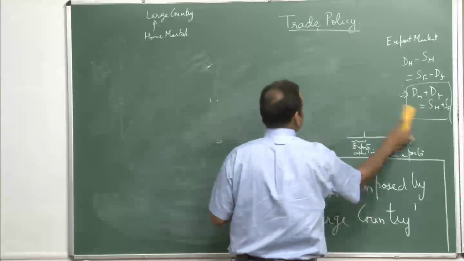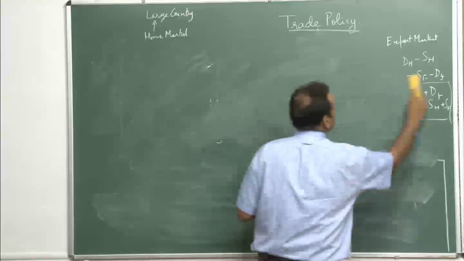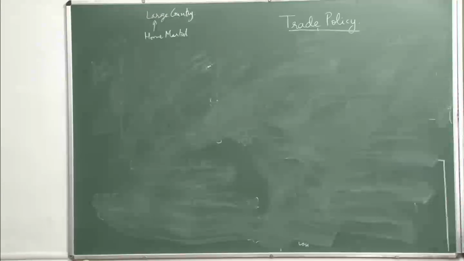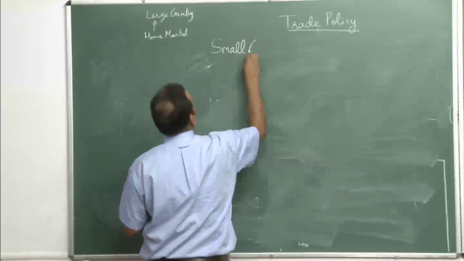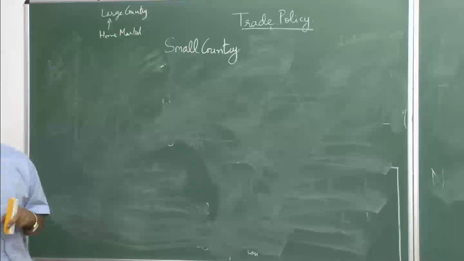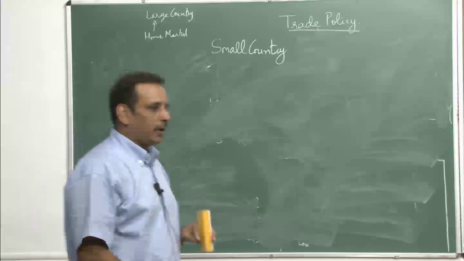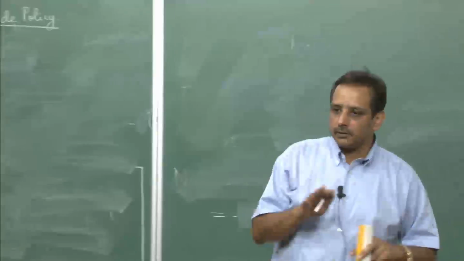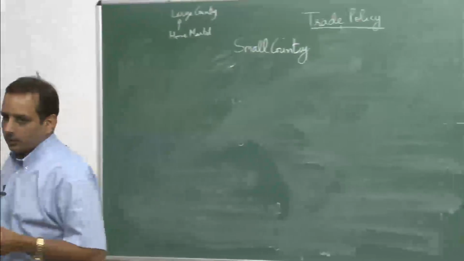So, we are going to discuss the small country case again and see whether quotas and tariffs have the same impact. So, now you have a small country, it imposes one of the non-tariff barriers which are quotas. So, physical restrictions on the amount of goods coming in, and you have various examples wherein countries have imposed quotas.